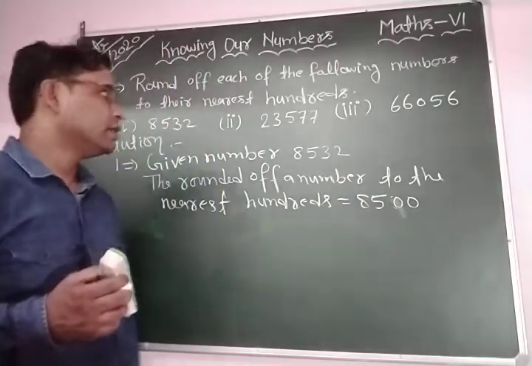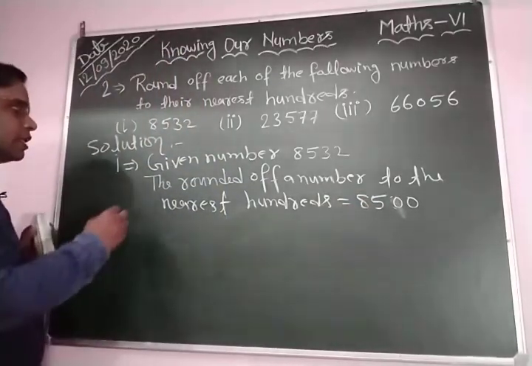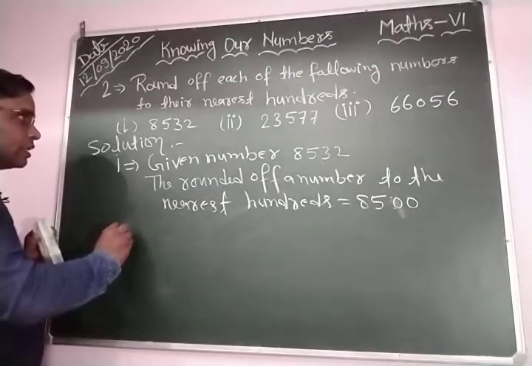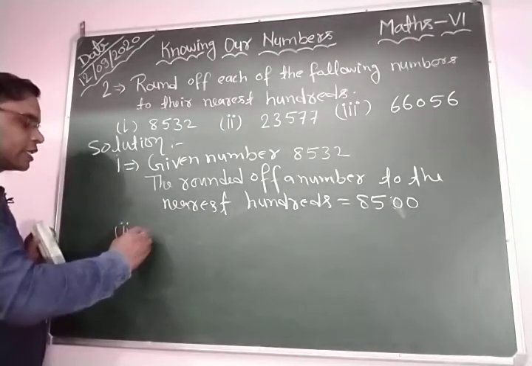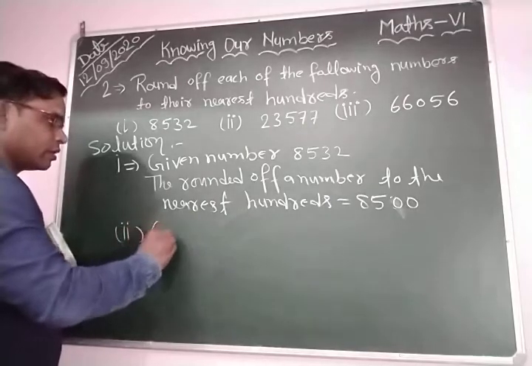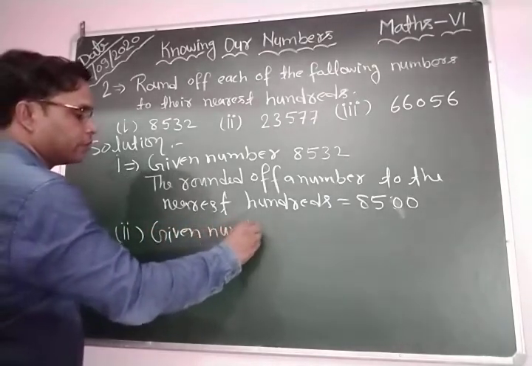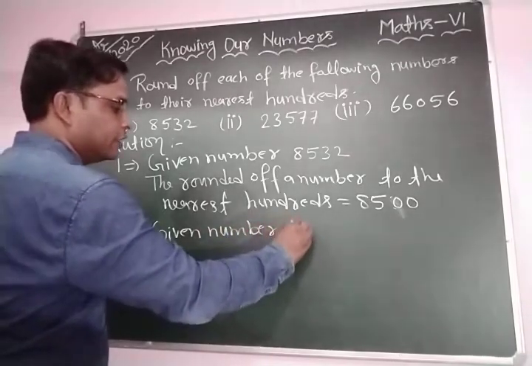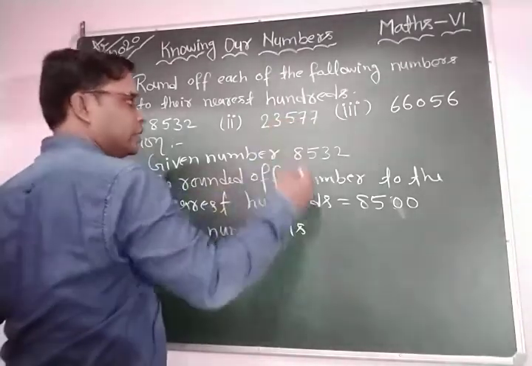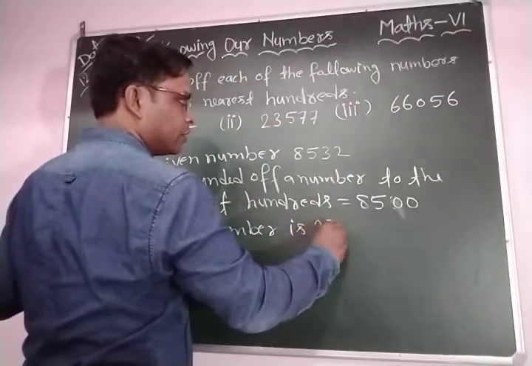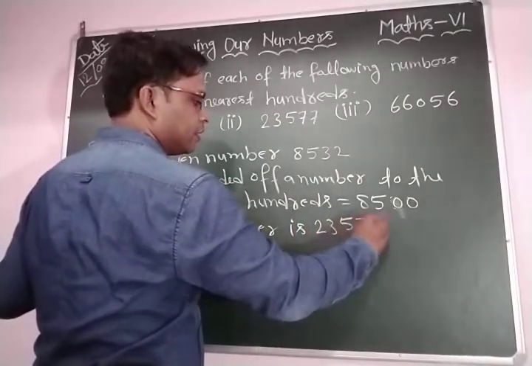Now the second part of this question: the given number is 23,577.